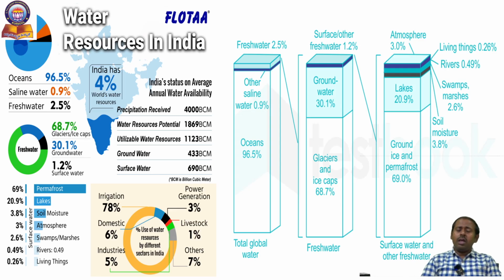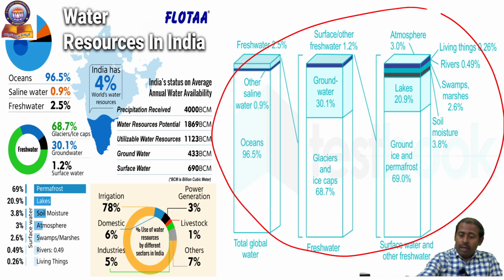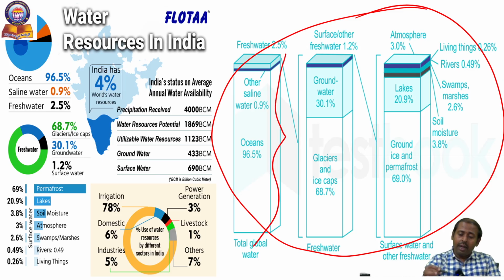So this is the availability of water throughout the world. What is the water status in the global system? In the global system, suppose there is 100% water in the earth. In that 100%, 96.5% is in oceans only.